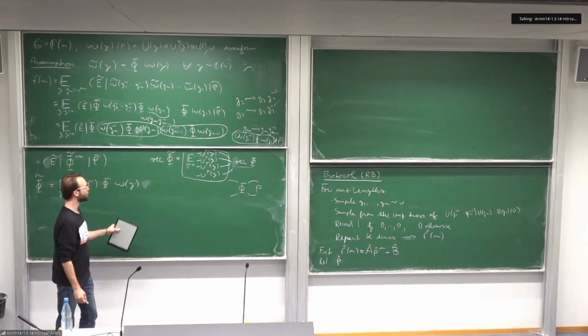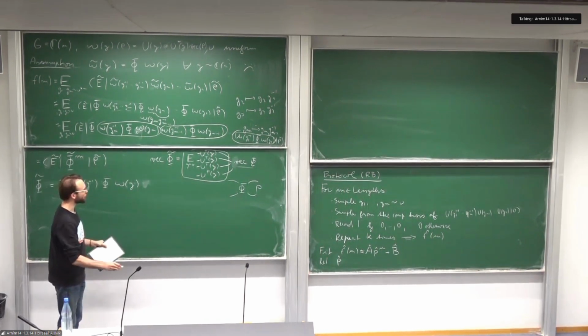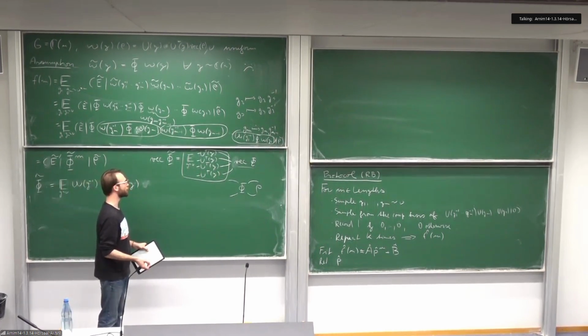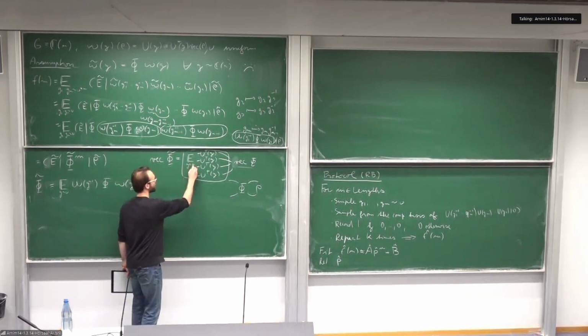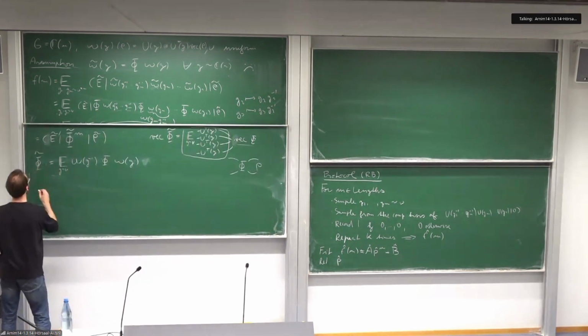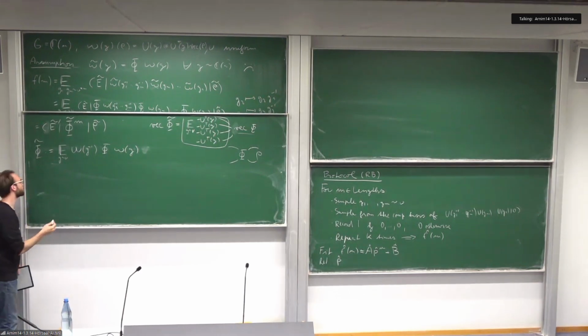This appears in these randomized protocols, and why it's useful is because it can be easily evaluated in many cases. In particular, there is something called the 2-design property.